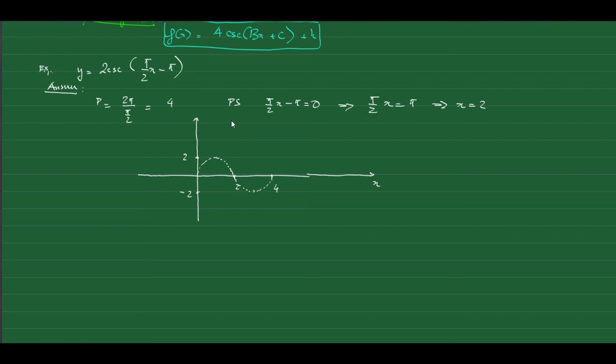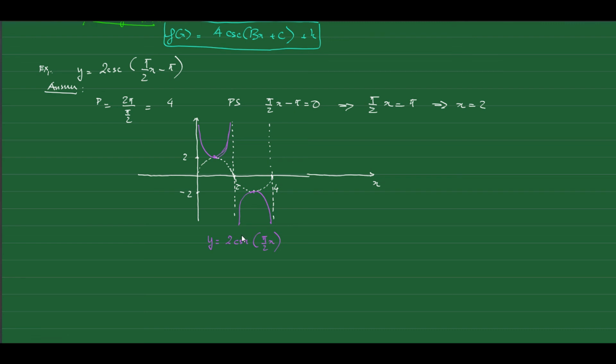The asymptote will be here, and now we're going to have a curve like this. That is one revolution with no shifting, so this is just y equals 2 cosecant of pi over 2 x.